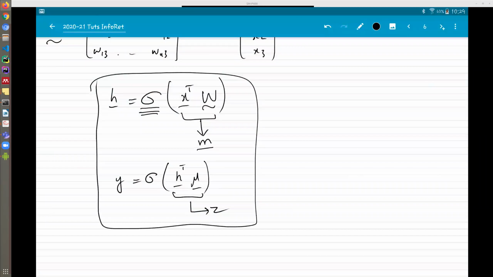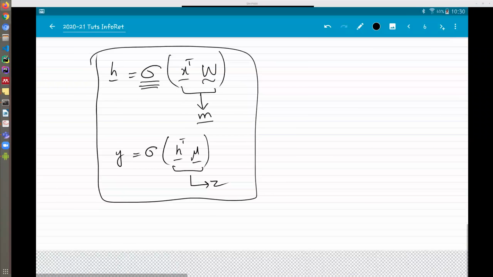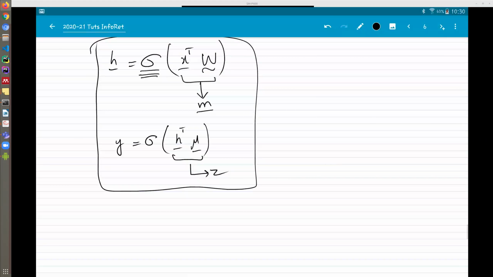In the end, it is just vector calculus, through which we can calculate the gradients. The gradient with respect to mu here will be equal to delta of h.